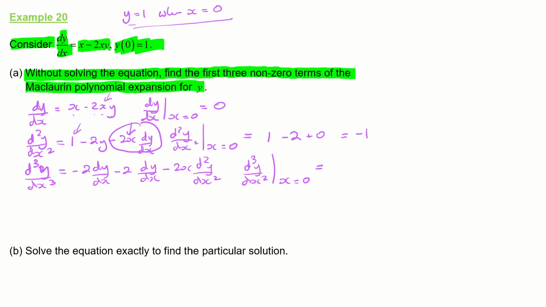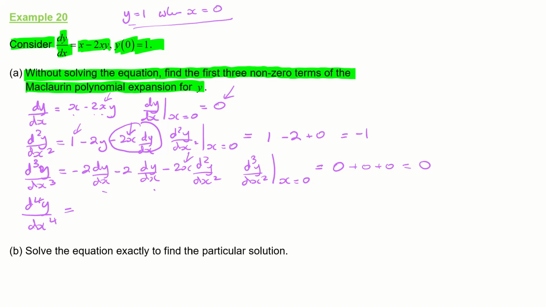So, well, we know that dy/dx was 0 from up here. So those first two terms are going to give us 0. And then if x is 0, well, it's just all going to be 0, isn't it? So 0. And then we want d4y/dx4.